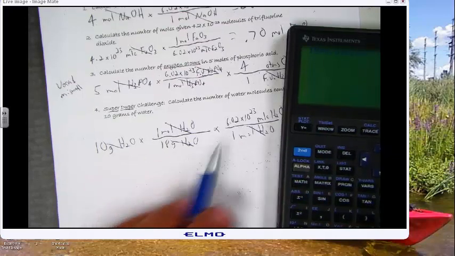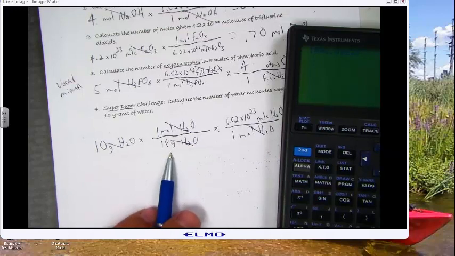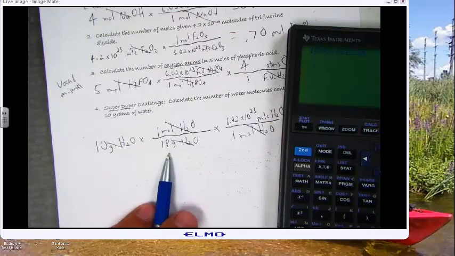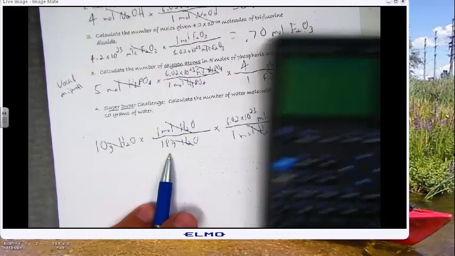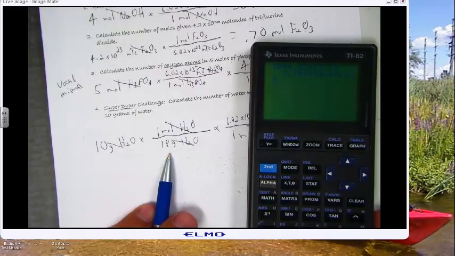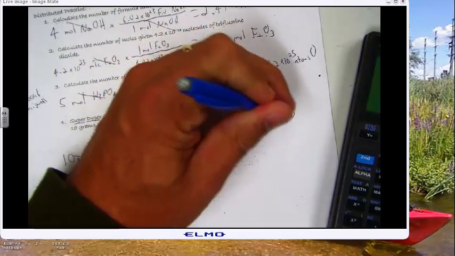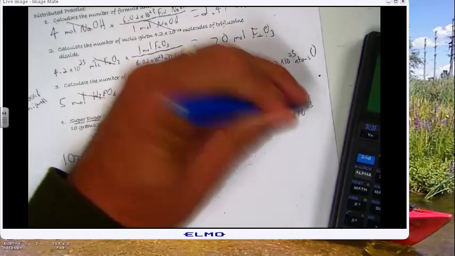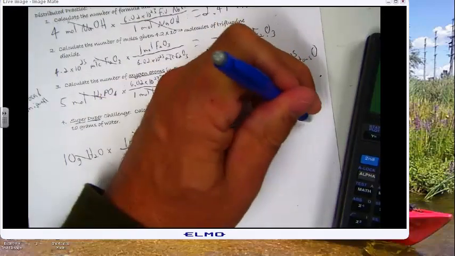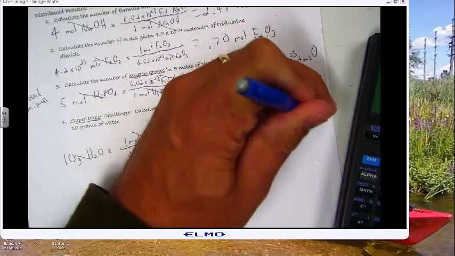But now I have to divide by all the numbers on the bottom. I'll ignore the 1, but now I'll just simply press divided by 18 and press enter. That leaves me 3.34 times 10 to the 23rd. 3.34 times 10 to the 23rd molecules of H2O.